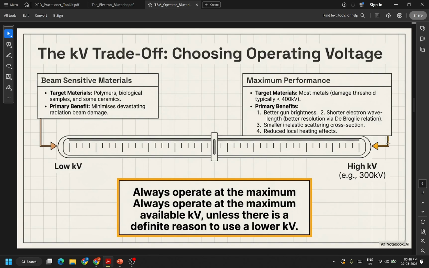So the benefits are you get better gun brightness, shorter wavelengths, which gets you better resolution using the de Broglie relation, a smaller inelastic scattering cross section, so you have more elastic scattering, and it also reduces localized heating effect.